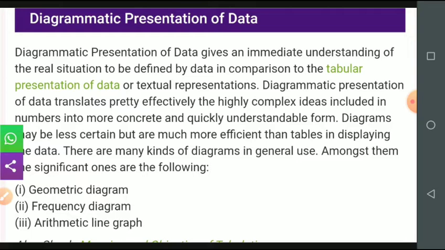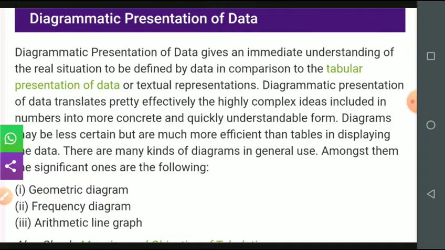Diagrammatic presentation of data translates pretty effectively the highly complex ideas included in numbers into a more concrete and quickly understandable form.